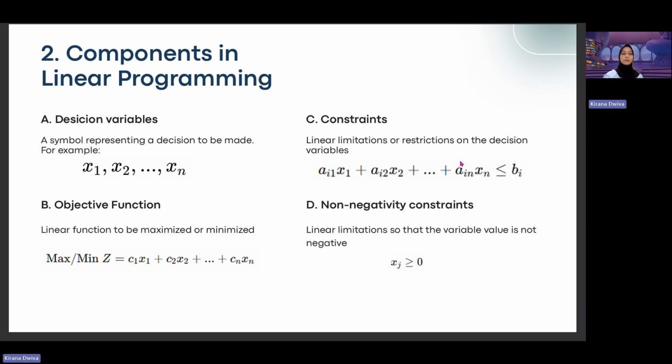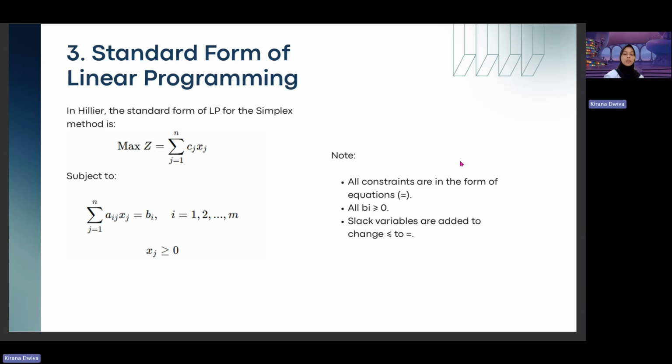And the last one is the non-negativity constraint, a linear limitation so that the variable value is not negative, xj bigger than or equal to 0. The standard form of linear programming for the simplex method is: maximize z equals the sum of cjxj subject to the sum of aijxj equals bi, with i is 1, 2, ... m, and xj bigger than or equal to 0. Note that all constraints are in the form of equations and all bi bigger than or equal to 0.